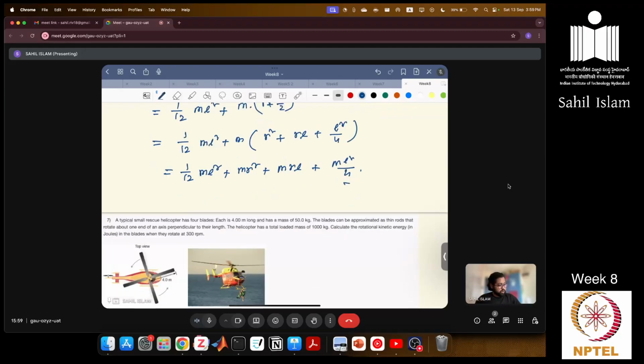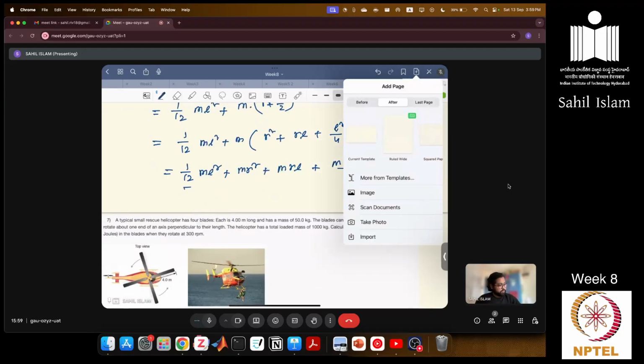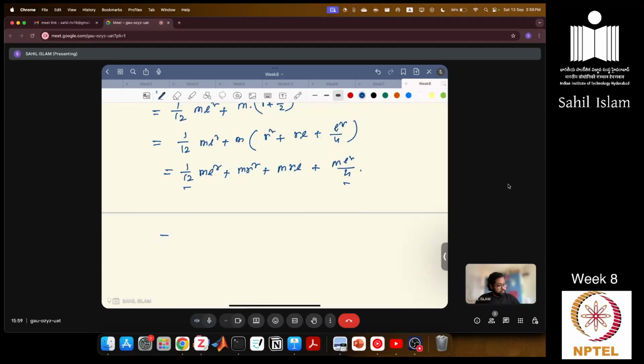These two terms we can add, 4 by 12, so 1/3 m L square plus m r square plus m r L.